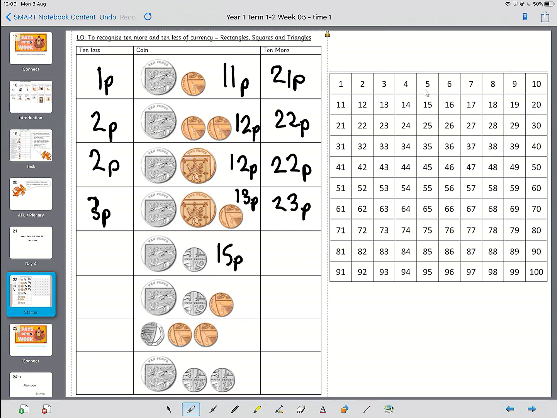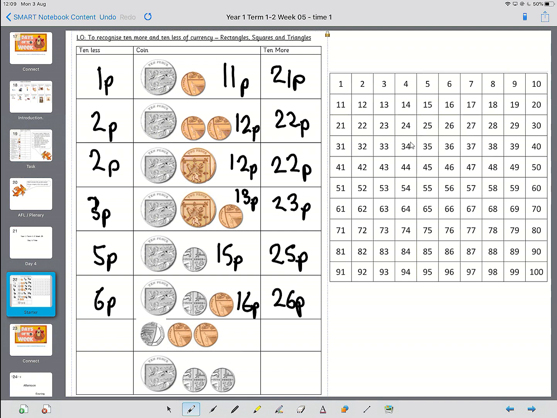It's 5 when it's 10 less, and it is 25 when it's 10 more. Next one is 16p. So we move across one, and it's 6p when it's 10 less, and 26p when it's 10 more. So we're just changing the tens each time, either making them 10 less or 10 more.